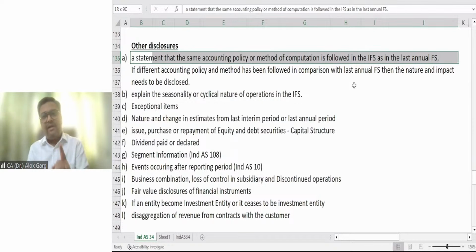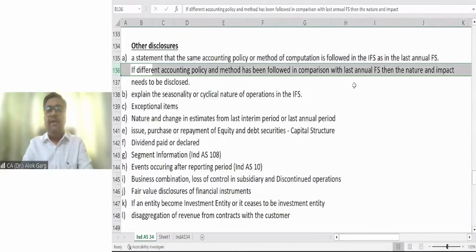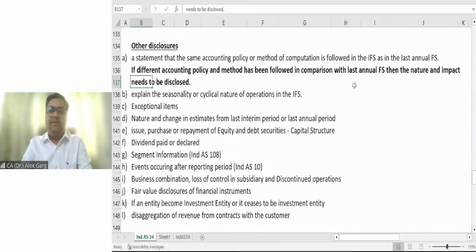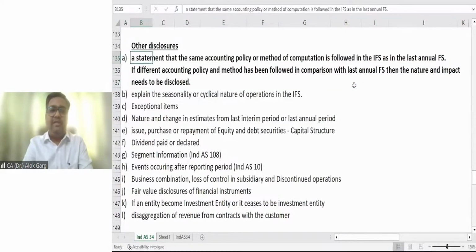So you can refer to the accounting policy of the last annual financial statement. We have prepared our interim financial statement as per these accounting policies only. If a different accounting policy and method has been followed in comparison with the last annual financial statement, then the nature and impact needs to be disclosed.